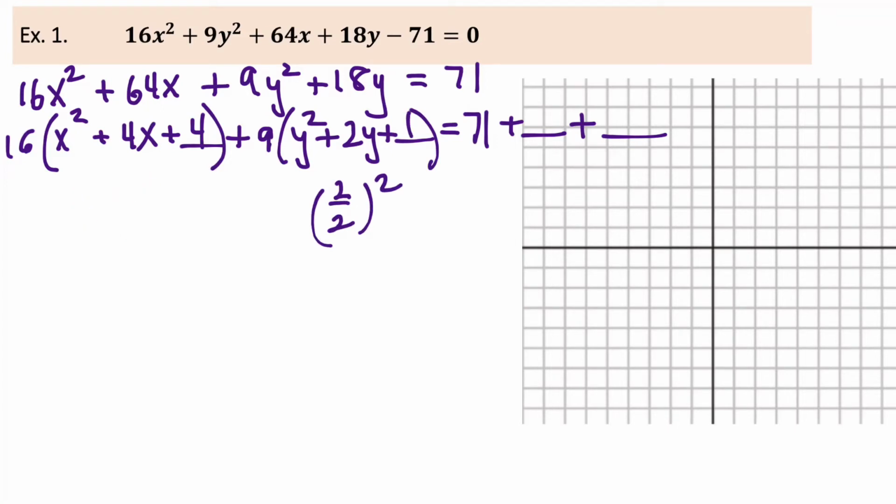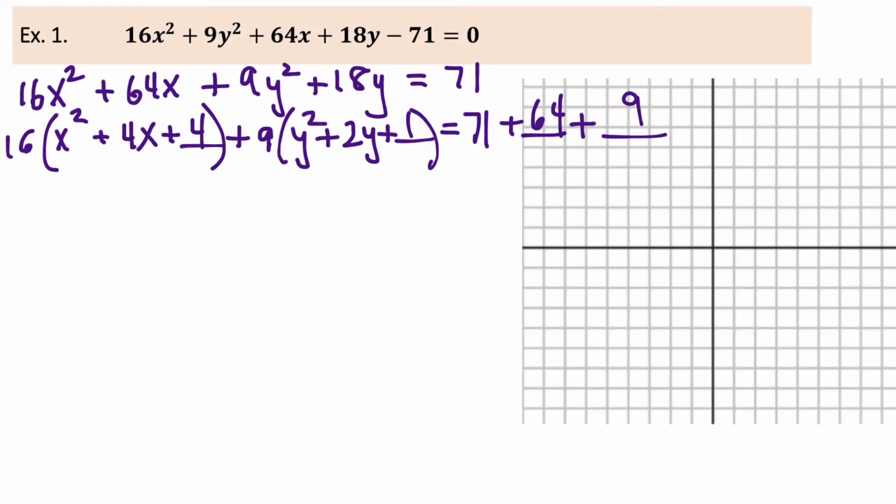Now what's happening here is because of this 16 on the outside, I have to multiply that by 4 to figure out what I need to put over here. I did not just add 4, so I can't just put 4 here. I've added 16 times 4, and that's 64. So I didn't just add 1 here, I added 9 times 1, so that's 9.